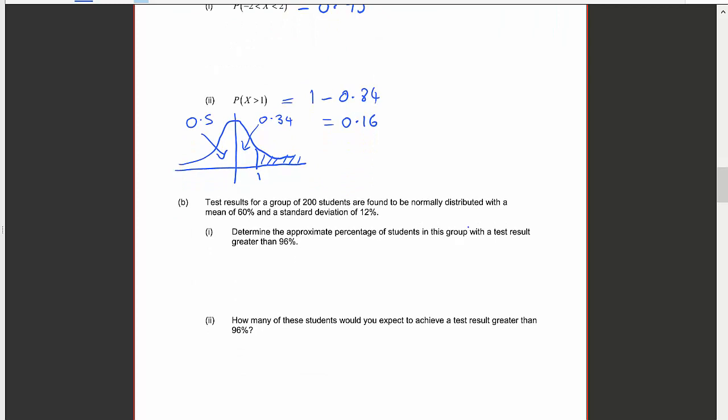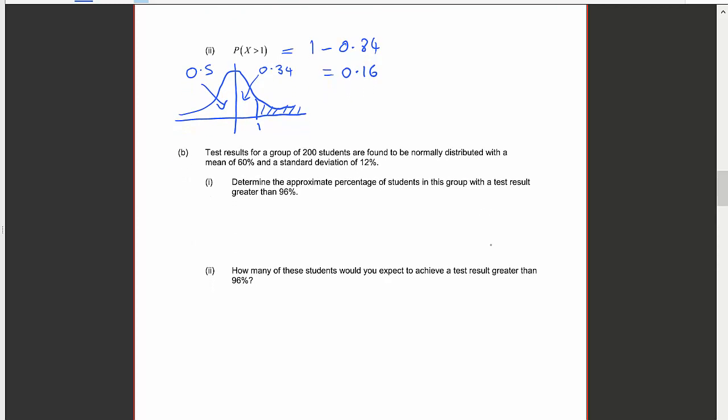Now we're going for part B. So test results for a group of 200 students are found to be normally distributed with a mean of 60 and a standard deviation of 12. Determine the approximate percentage of students in the group with the test result greater than 96%.